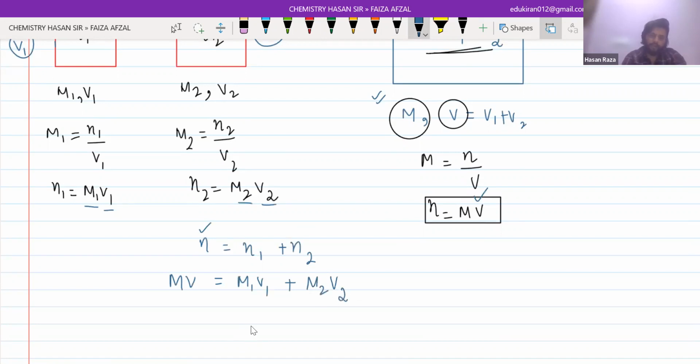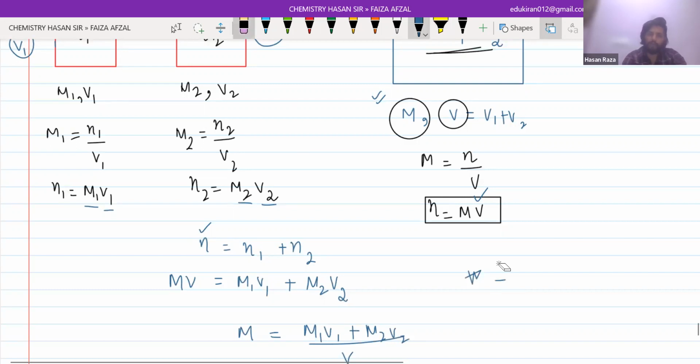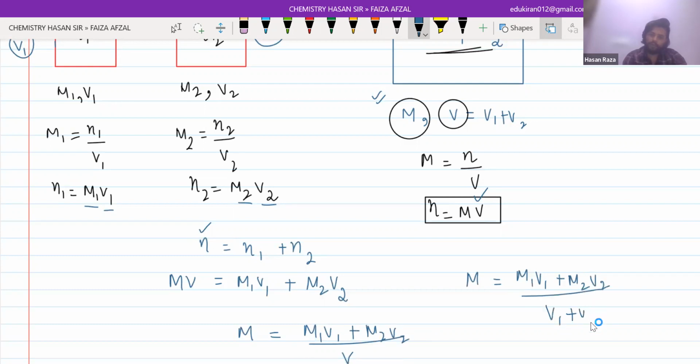So the resultant molarity, or the molarity of mixture, will be equal to M1 V1 plus M2 V2 upon V. Since V will be equal to V1 plus V2, the final formula will be M equal to M1 V1 plus M2 V2 upon V1 plus V2.